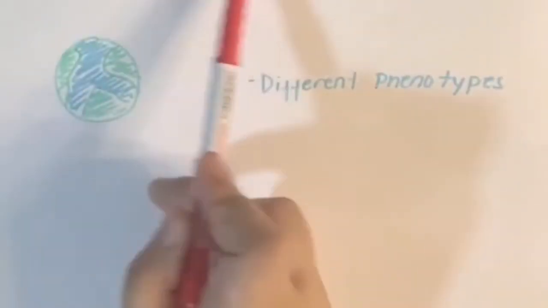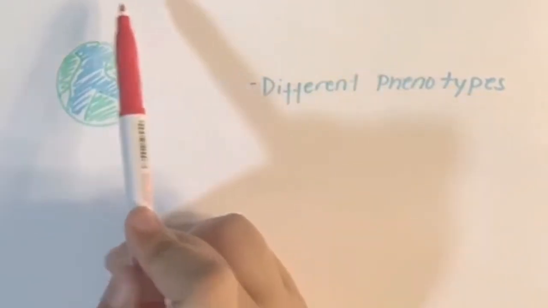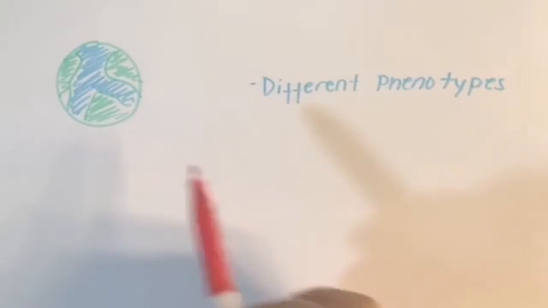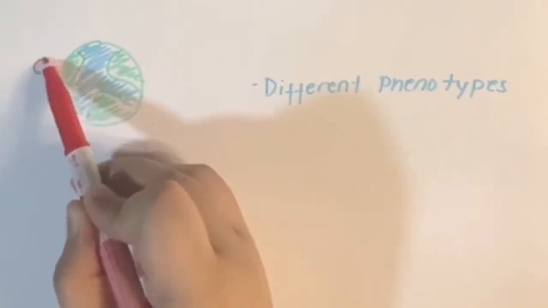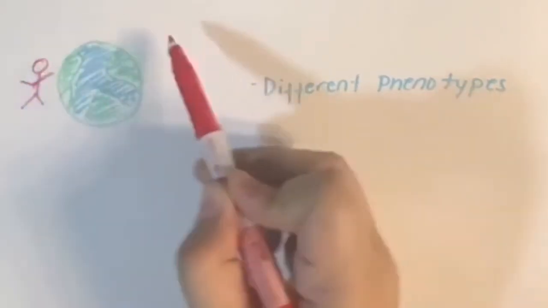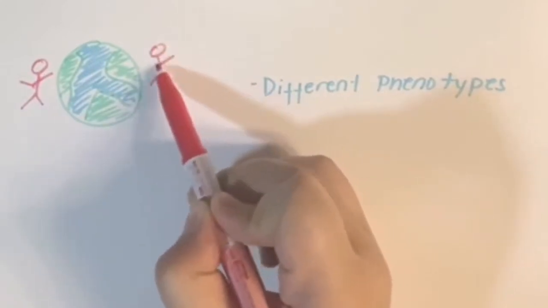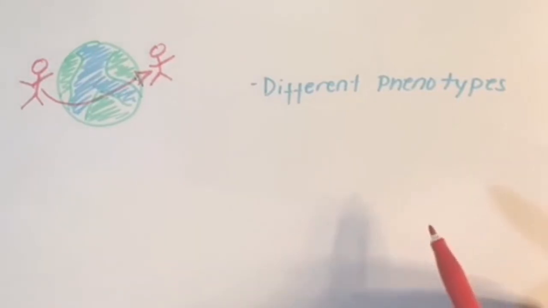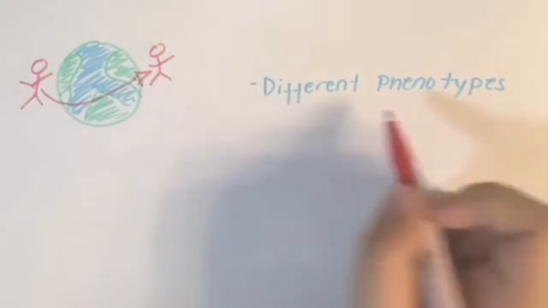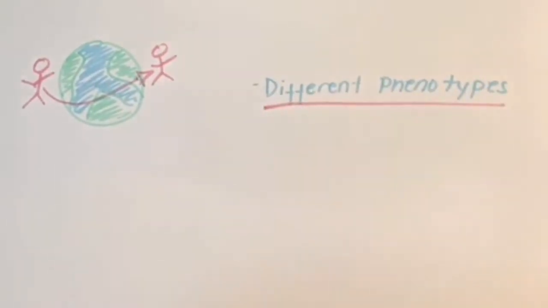So gene flow or gene migration is basically the result of movement of an individual. They say humans move freely around the world. That is why it resulted in different kinds of phenotypes.